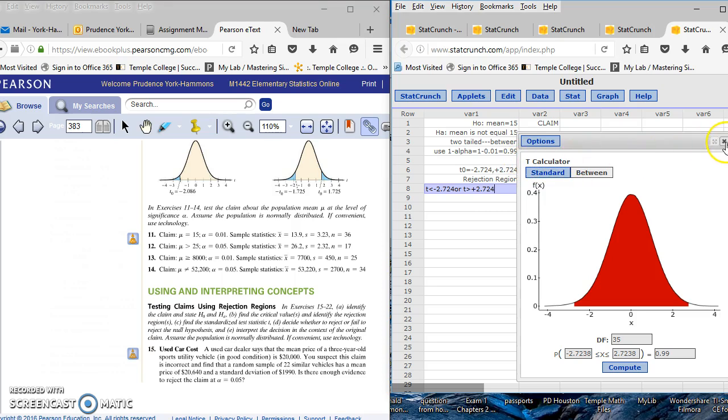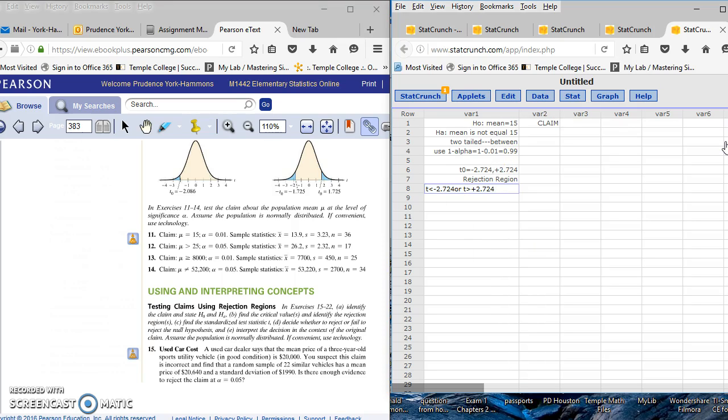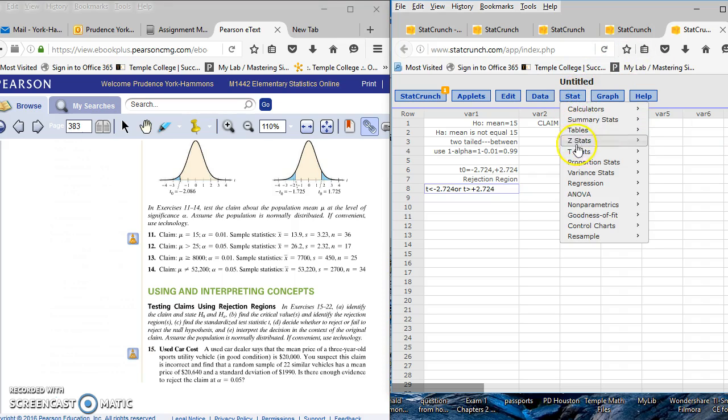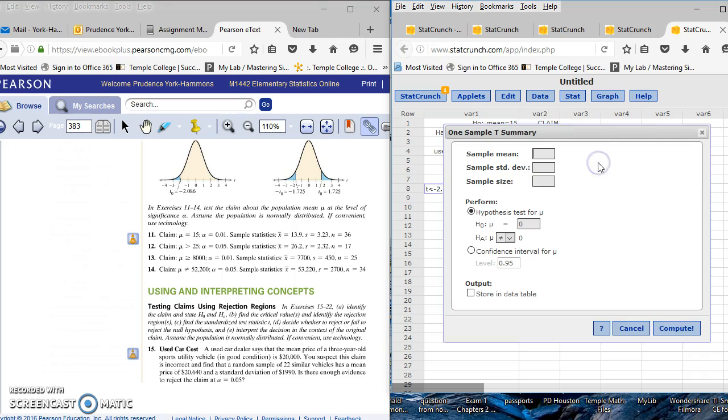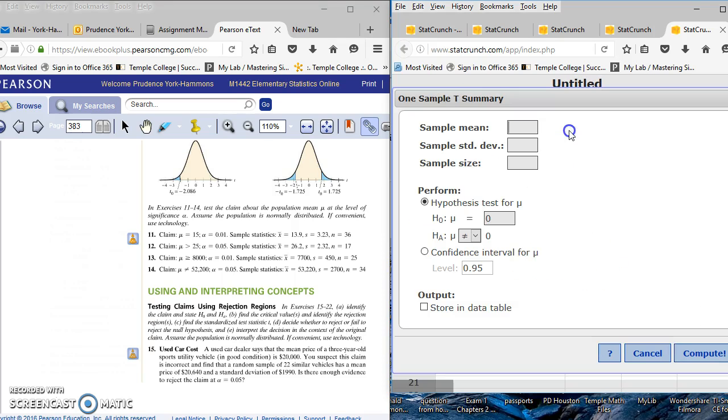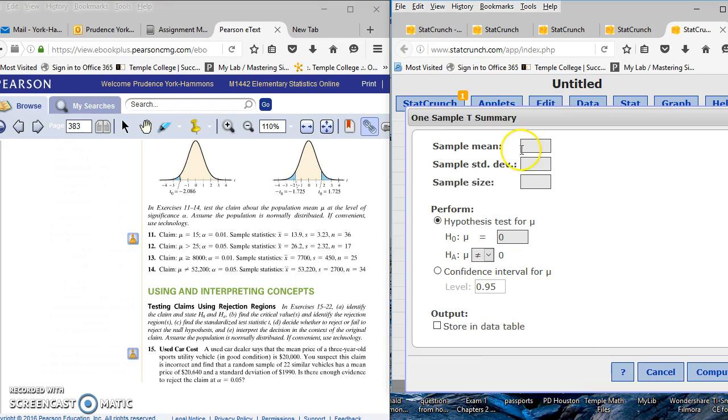Now, to find your test statistic, you go back to stat, but this time you do a t-stat, one sample with summary, and you notice that they ask you to provide the sample mean, the sample standard deviation, and the sample size.